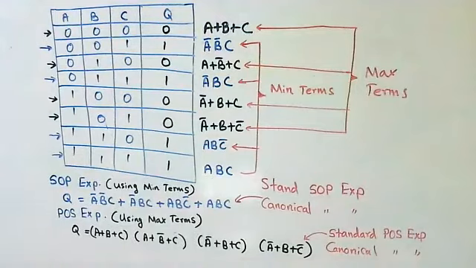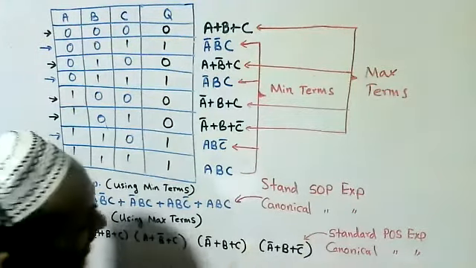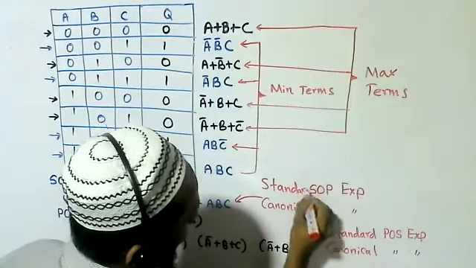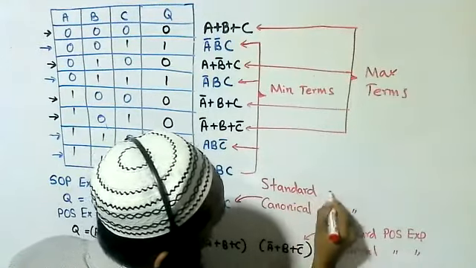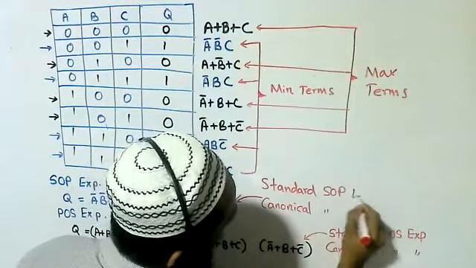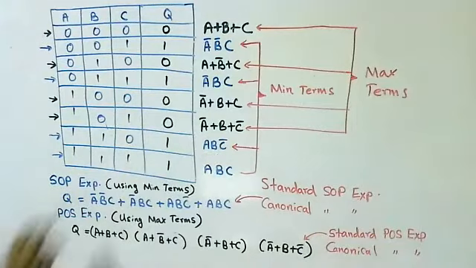So why we call it as standard SOP expression? Students, do you have any idea why we call this one standard SOP expression or the canonical SOP expression?